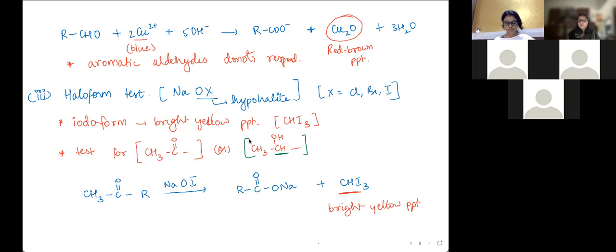So in both cases, it works out. Rather than bright yellow, I think call it pale yellow, a lighter yellow color precipitate.